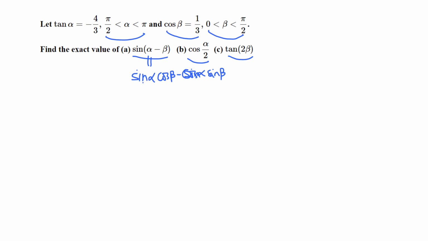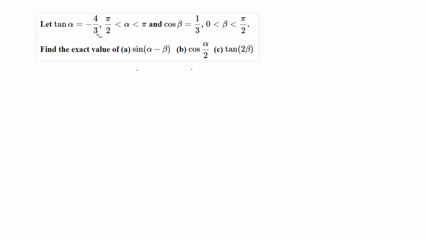So in any case, we need sine alpha. So we will draw a right triangle based on this information and find all three sides. Then we can find any trig function, and we do the same thing for this. Okay, so let's do that.